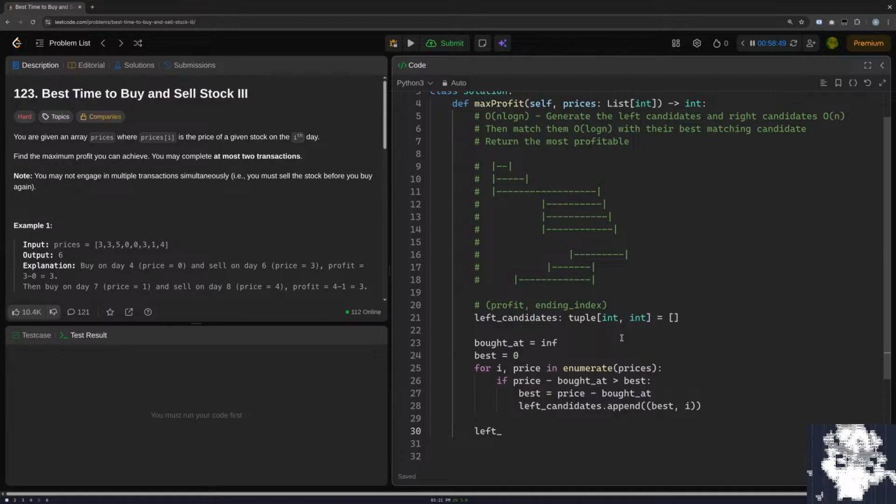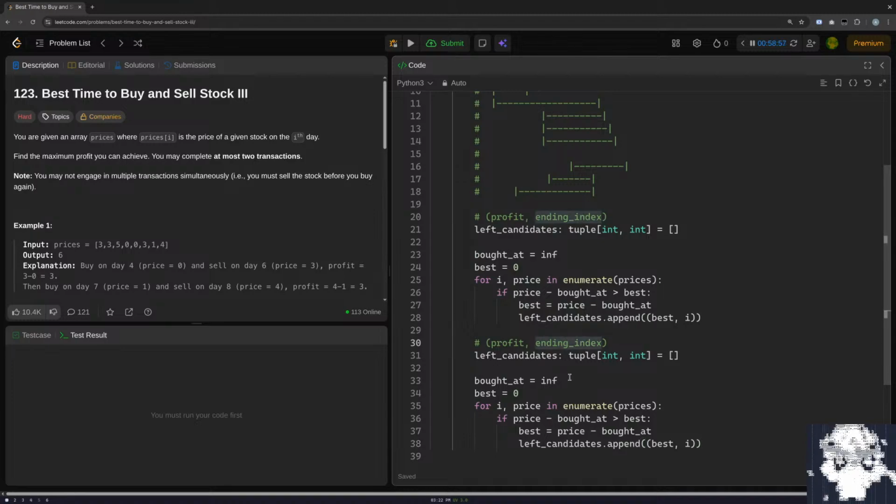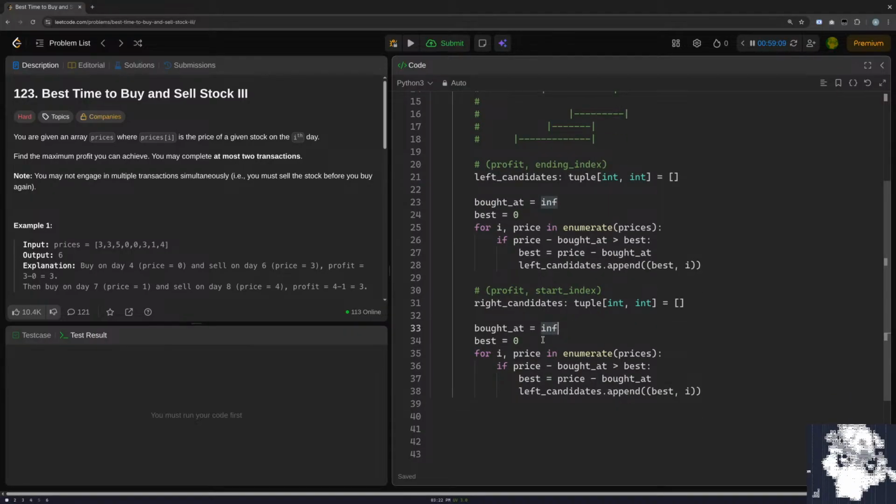Now let's make the right candidates. For right candidates, we need to remember their profit and their start index. This is a little weird because we're iterating backwards.